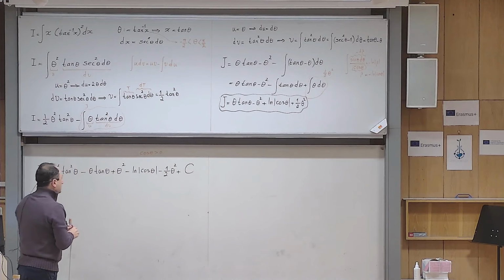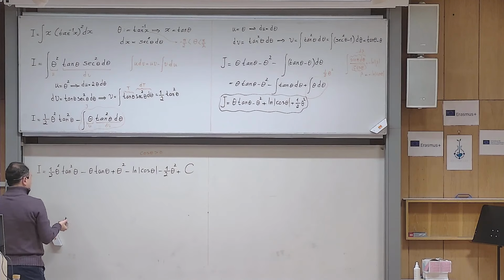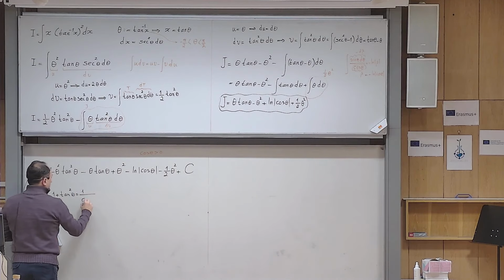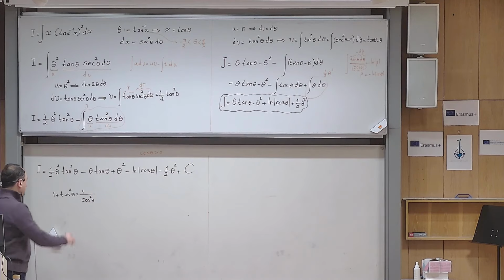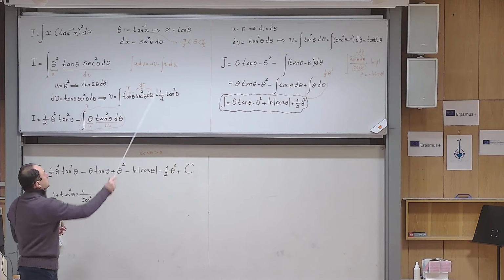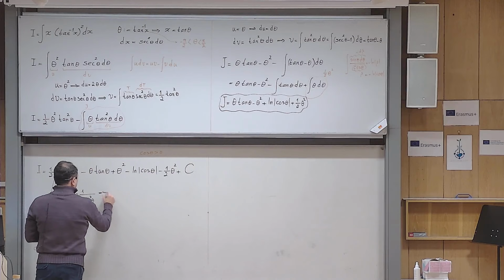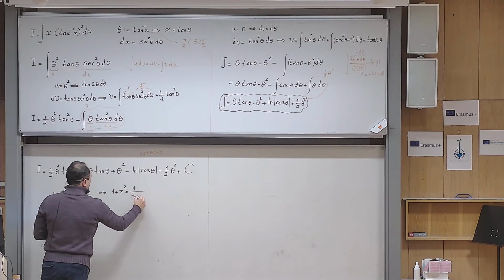Okay, on the other hand, this is not good because I want to switch back to my old variable, but there is a famous formula that we know: 1 plus tangent theta squared is 1 over cosine theta squared. This is a very famous trigonometric identity, but tangent theta, if you see, is x, so I put it here, so this becomes 1 plus x squared is 1 over cosine theta squared.